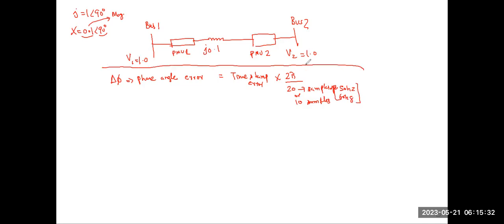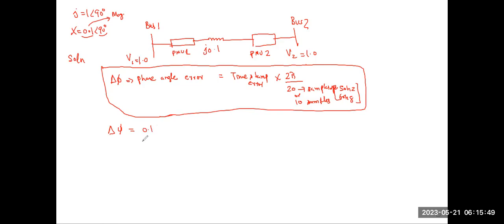This is how you will get the first part. So the solution for the first part is delta phi equal to 0.1 divided by 20 into 2 pi, and the value will come around 0.0314 radians.